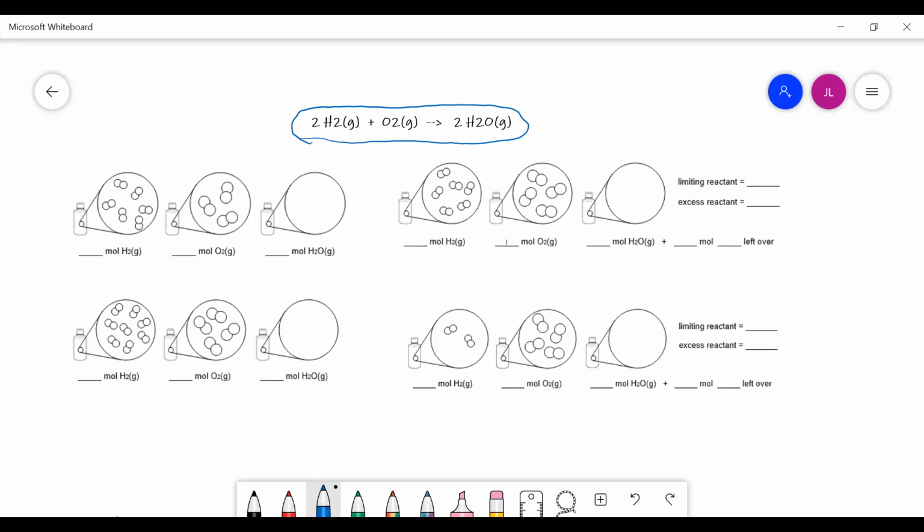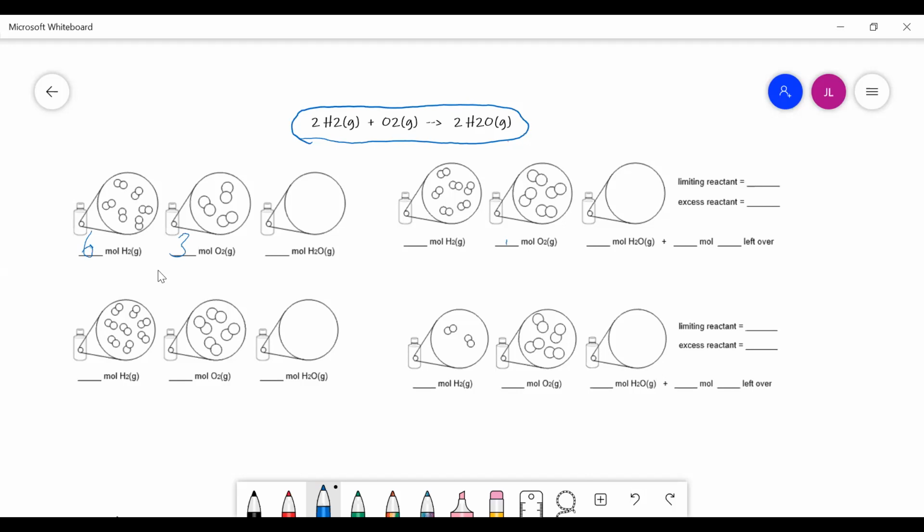Looking at this first one here, we can see we have 1, 2, 3, 4, 5, 6 molecules or moles of hydrogen. We have 1, 2, 3 moles of oxygen.